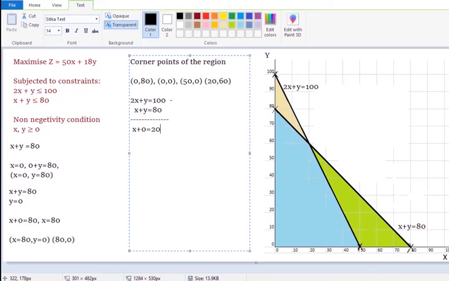Now what we have to do next is substitute this value of x in either of the equations. Whichever equation you substitute, you will get the same value for y.